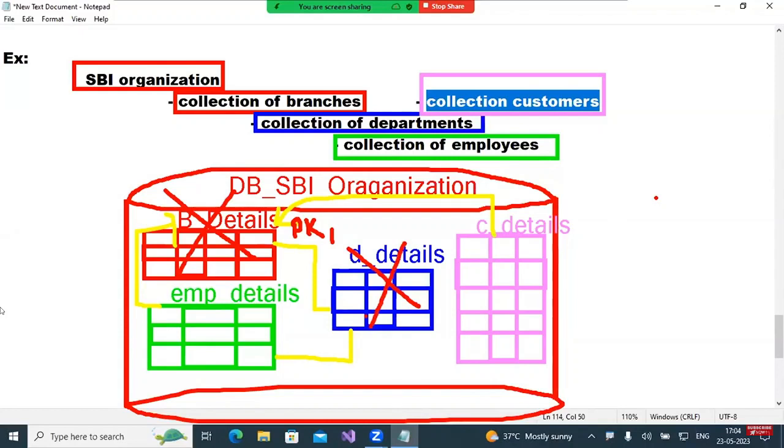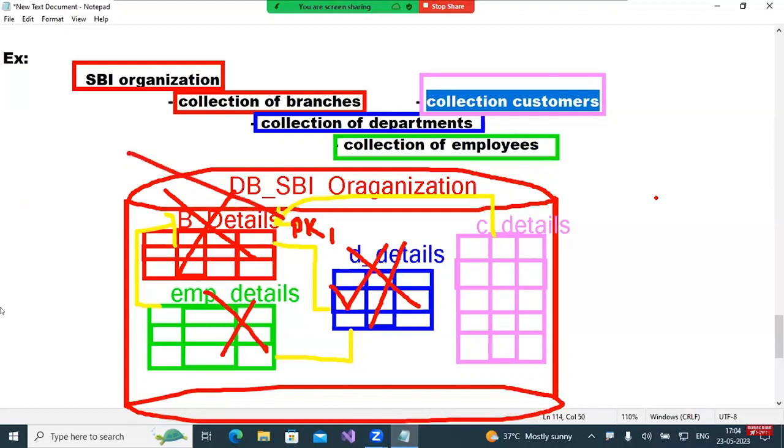No, because if there is a department, it means employees should compulsorily be there. Otherwise, we cannot form a department. Same as, if employees are not there, is it possible to have a department? No. That means no departments, no employees. No employees, no departments. Same like that.